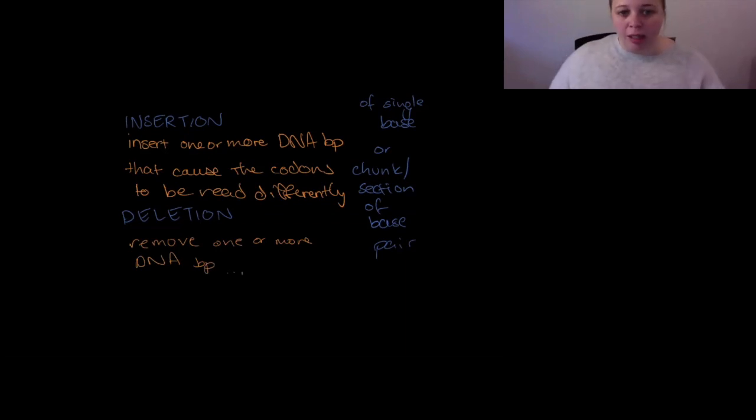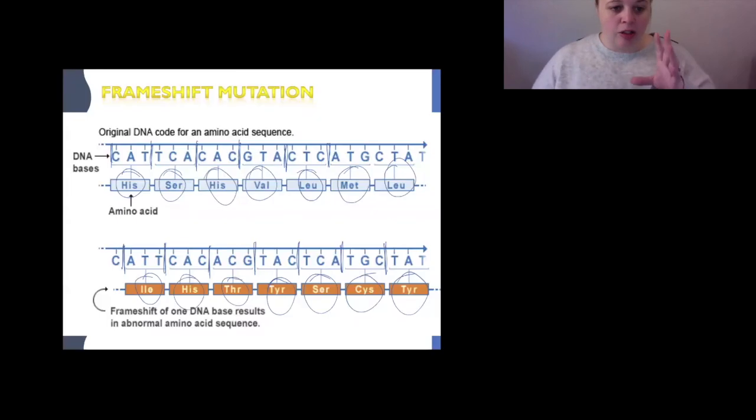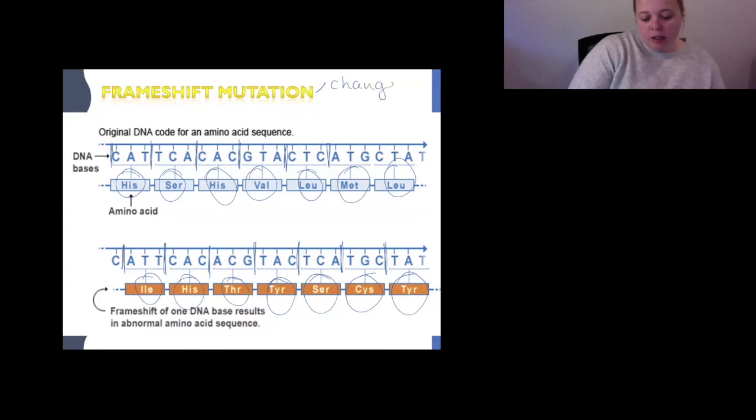So you can see here that so long as you either insert or delete, you're going to change all the amino acids. So a frame shift mutation changes all amino acids after the mutation.